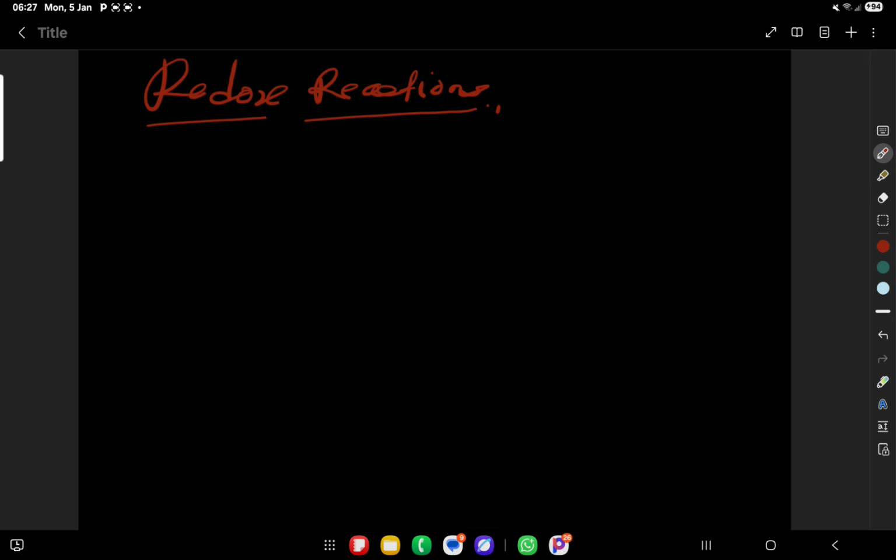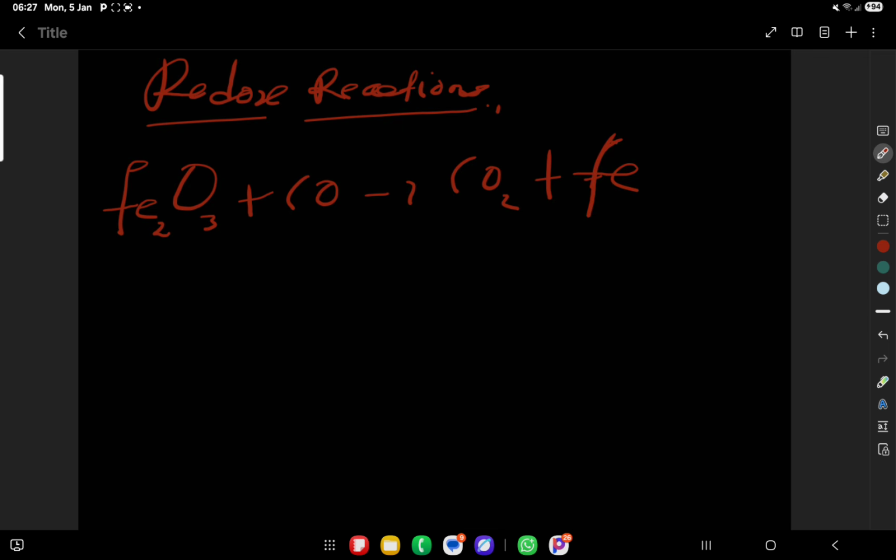What if I have this reaction: Fe2O3 reacting with carbon monoxide, giving us carbon dioxide plus iron. This equation we are familiar with from the blast furnace. How do you balance this one? What are we putting here? Are we supposed to add a 3 here, a 3 here?